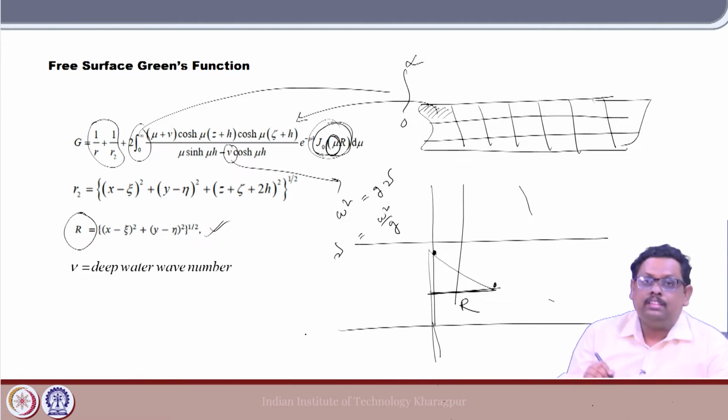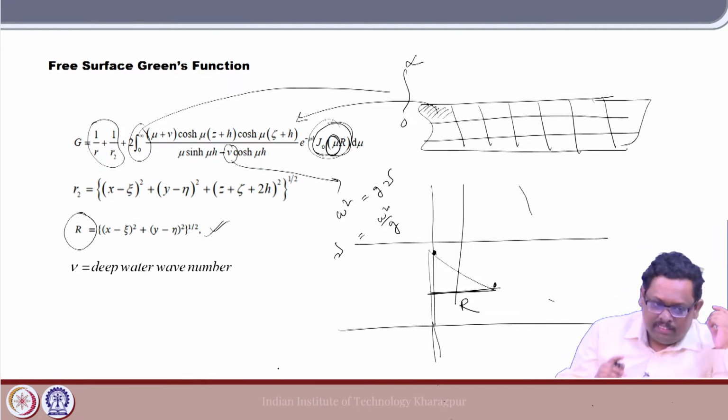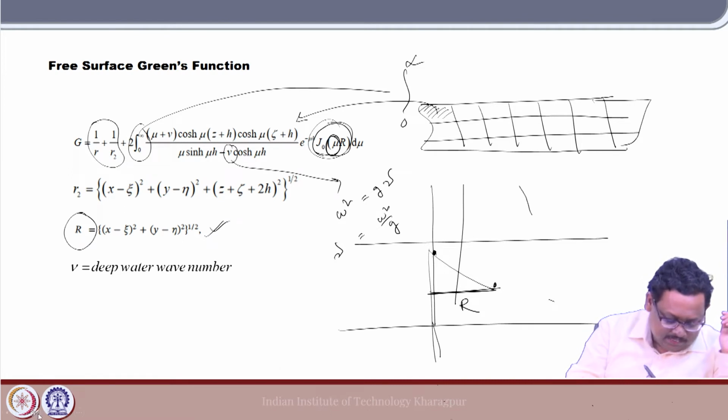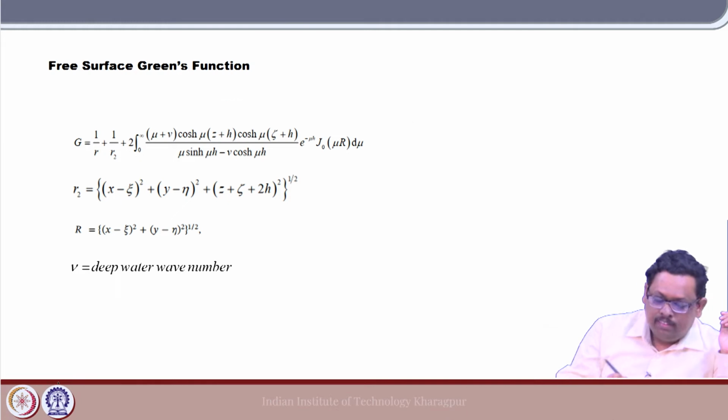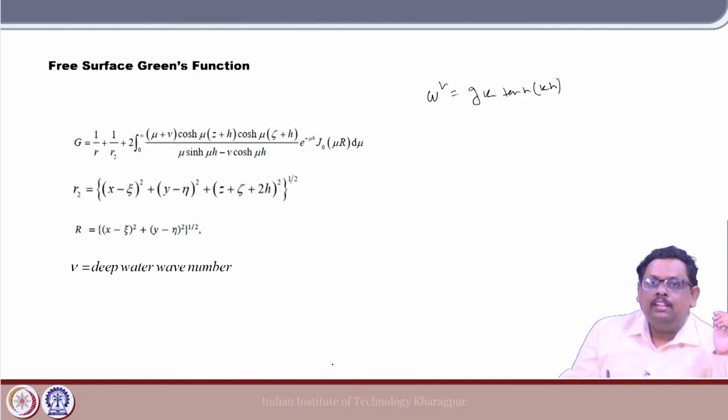Mu is the solution for this dispersion relation. There is deep mathematics involved in explaining what mu is. The dispersion relation is omega square equal to g k tanh k h. From this, if you take omega tending to infinity, you get the value for nu.